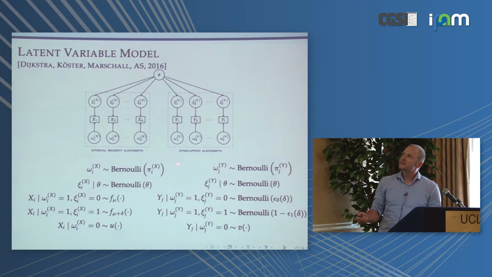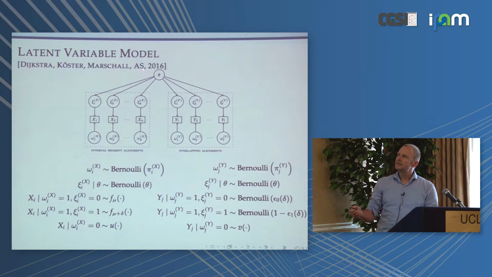So here is the latent variable model. This is a model for either the control genome or the healthy genome, so this is either the healthy allele frequency or the cancer allele frequency, and each of the columns represents an alignment.